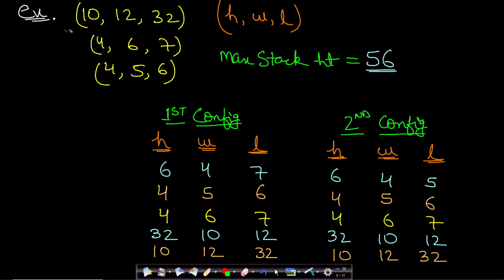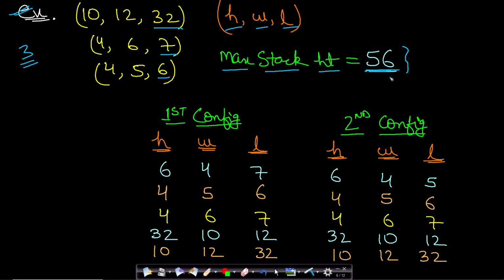Now, having understood all the constraints, let us now look at an observation. In this example, we are given 3 boxes having these dimensions, in the format of height, width and length. Now the maximum stack height which we can form by putting one box on top of the other will be 56. You can see that we have just 3 boxes, and even if we add the maximum values from all these 3 boxes, it will not reach 56.